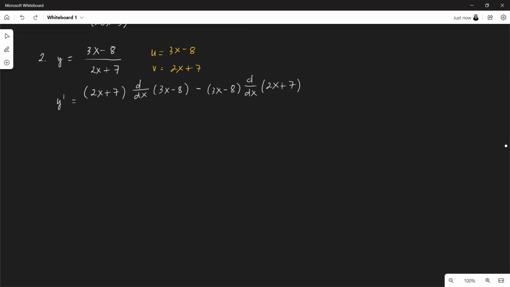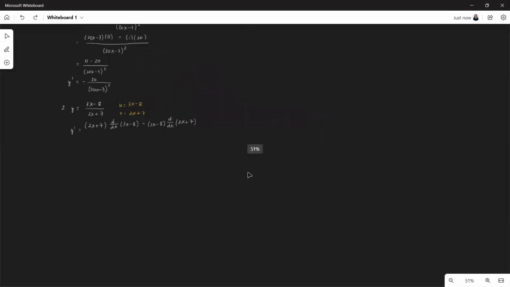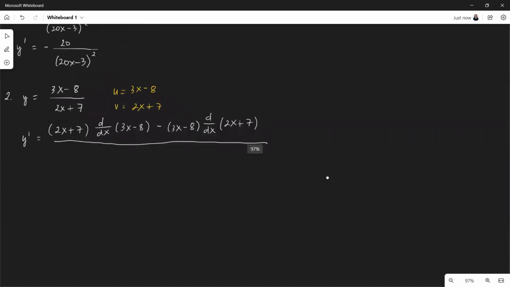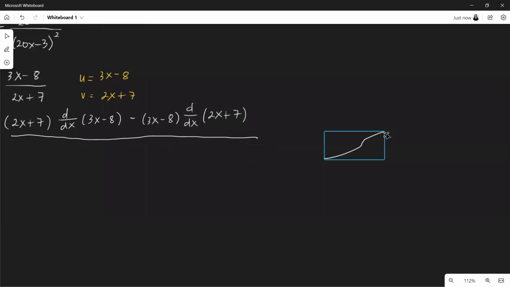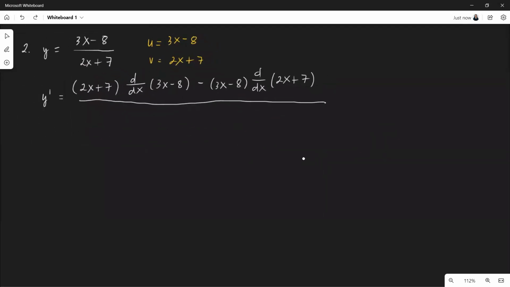Okay, so it's a bit crooked, so let's zoom that out first. Anyway, for the denominator, you just copy the denominator, but you need to square it. So it's v squared, the square of the denominator.